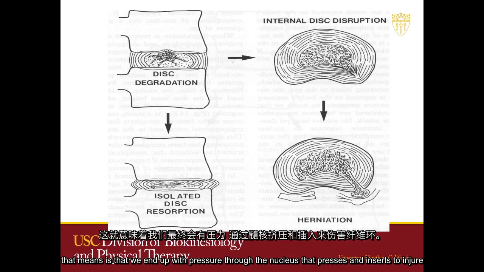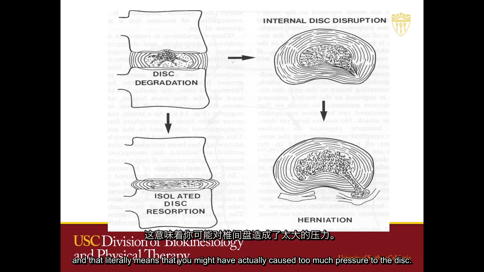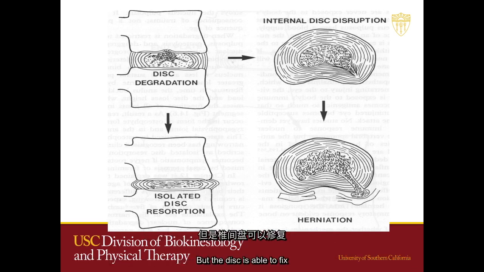What that means is that we end up with pressure through the nucleus that presses and starts to injure the annulus. And so again, if you have a healthy disc and you're a healthy person, it might just be an isolated disc reabsorption, which is what's on the bottom left here. That literally means that you might have caused too much pressure to the disc, but the disc is able to fix itself.